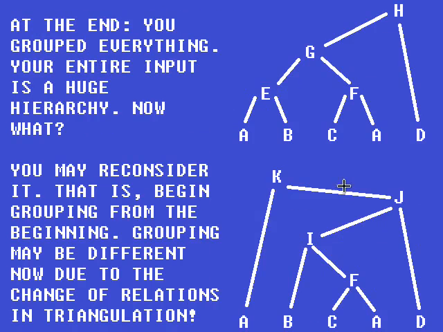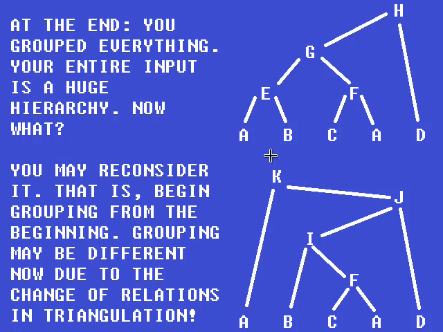So, what you can do is to simply keep the knowledge gained from triangulation, but dump the entire hierarchy and simply start again and say, okay, so I have A, B, C, A, D. What do I group together? And I'm giving you here an example. C and A continue to be a good idea. Alright, so they are grouped into F in both cases.